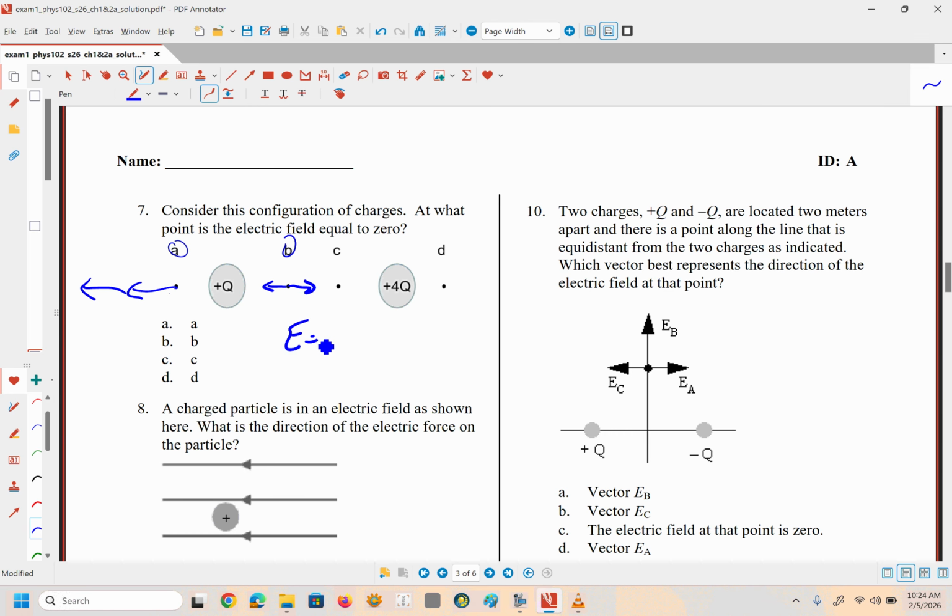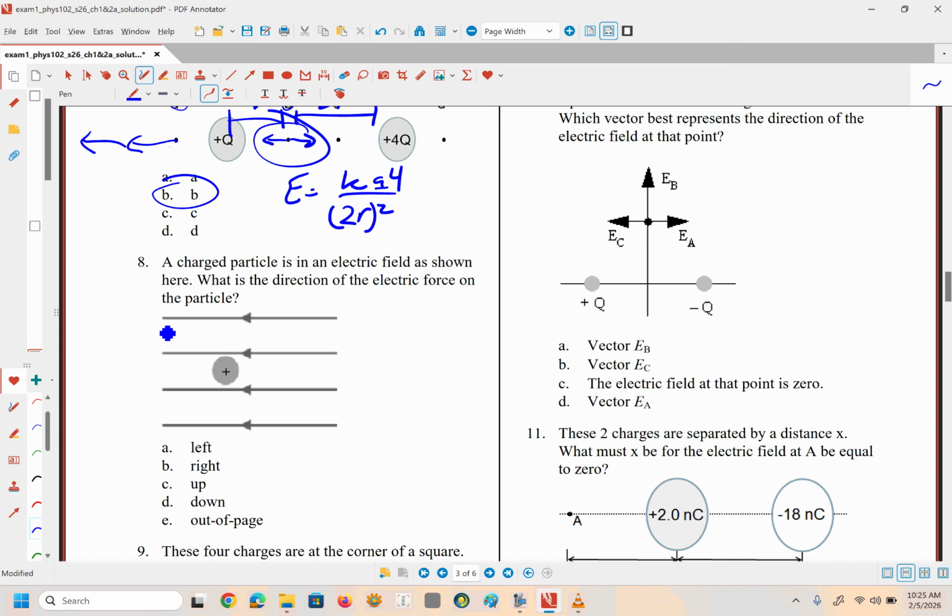Remember that E is equal to KQ over R squared. Notice that if I call this distance R, then this distance is 2R. So I have twice the distance and 4 times the charge. Those cancel out, so those electric fields are equal and opposite to one another at that point. So B is the right answer. I could have guessed that, though, just based on that general rule that I want to get as far away from the charge as possible.